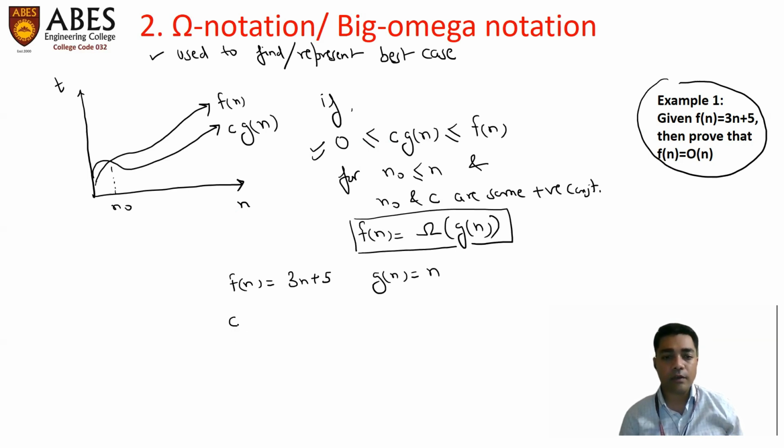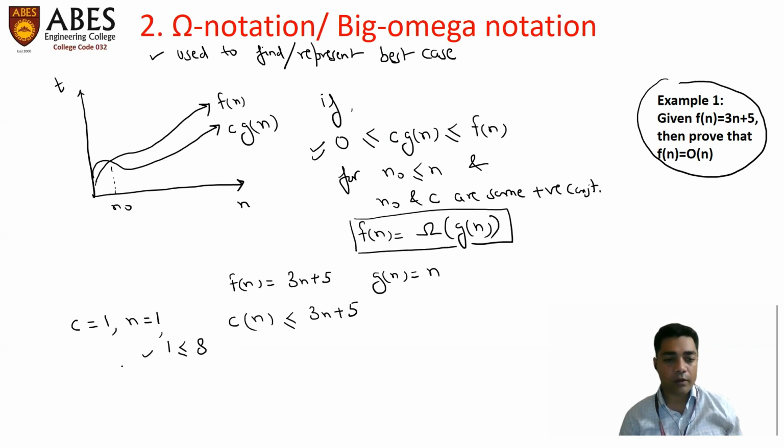Okay, so g(n), which is n, is less than or equal to f(n), 3n plus 5, and let's put some values for c and n. Let's put c equal to 1, and let's try n equal to 1. So for n equal to 1 and c equal to 1, we get 1 less than or equal to 8, so it is correct.